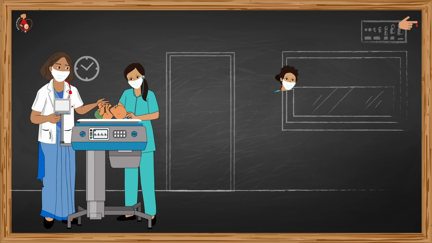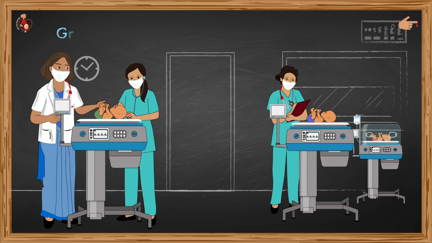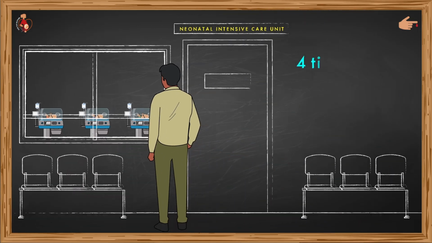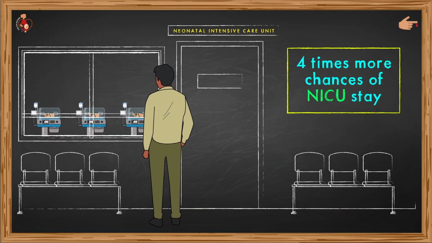And these babies, once they are delivered, can also need to go to the special care, which is the neonatal intensive care unit, almost 4 times more chances of spending some days in the NICU. So these are the few implications that diabetes can have on the maternal and the fetal health.